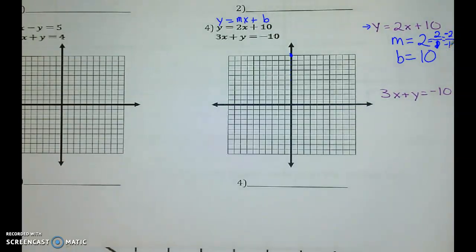So really what I'm going to end up doing is I'm going to go down 2, left 1. Oh, I said left 1, but I went right 1. Let's try that again. Down 2, left 1. Keep on repeating the pattern.